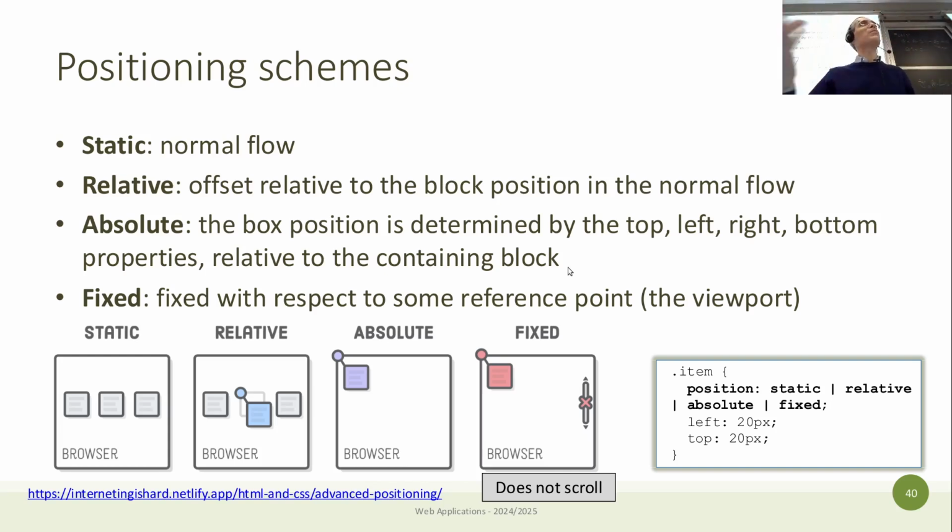Typically the advertisement, okay? And actually, they use this positioning. They just make a CSS rule. They say the position is fixed according to some reference point. The viewport means the browser window. Okay? So it always stays on the top, at the bottom, or someplace. Okay?